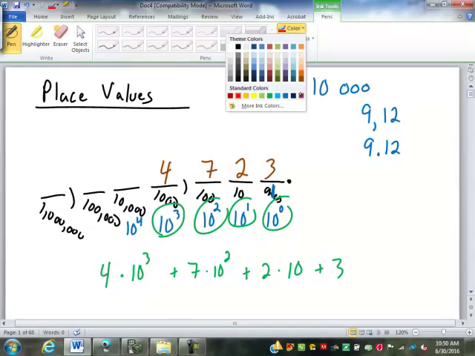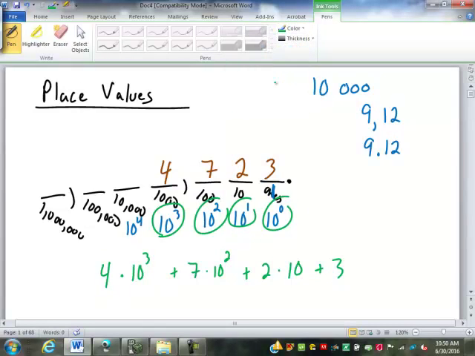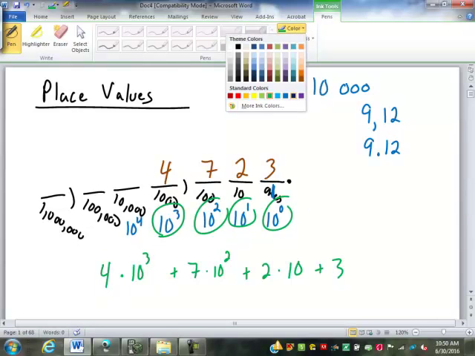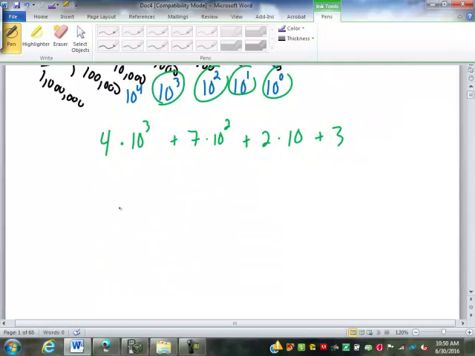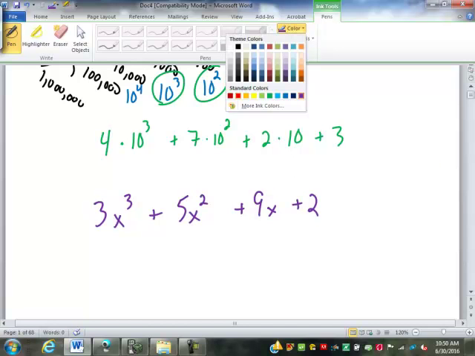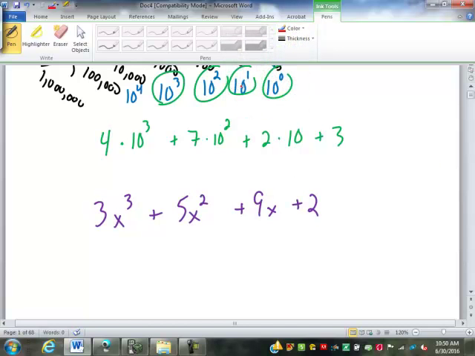With that in mind, I know we've covered this a little bit before, but we look back again at our algebraic numbers, and we'll see something like 3x to the third plus 5x squared plus 9x plus 2. And you can start to see the similarities here.